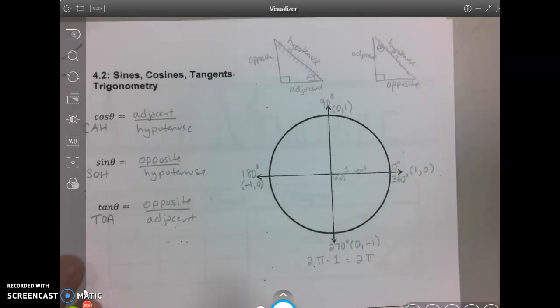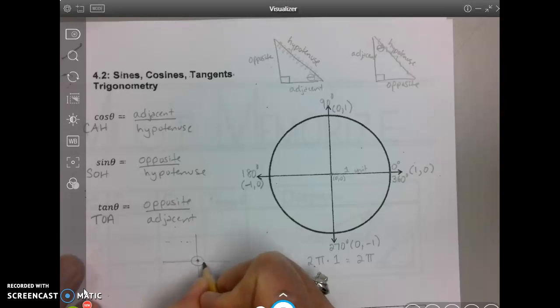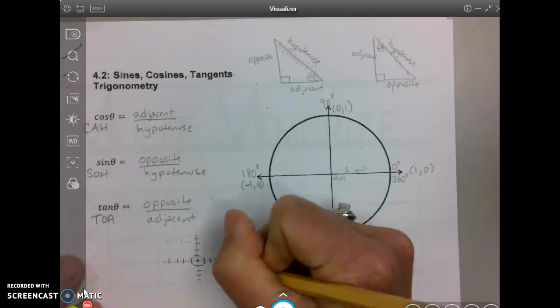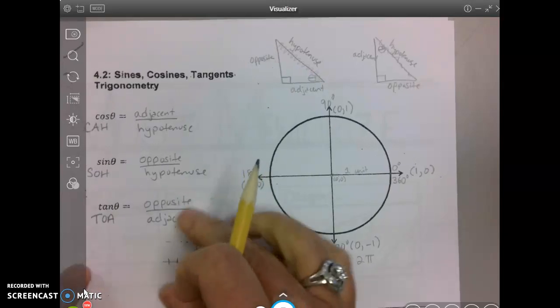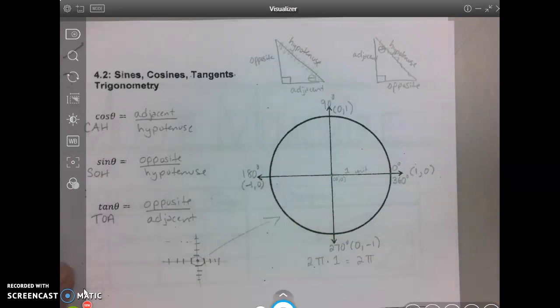Because again, we are on a coordinate plane, and that's 1 unit. That's how you have to think of the unit circle. And we've taken this unit circle and zoomed up on it. That's our zoomed up version of it.